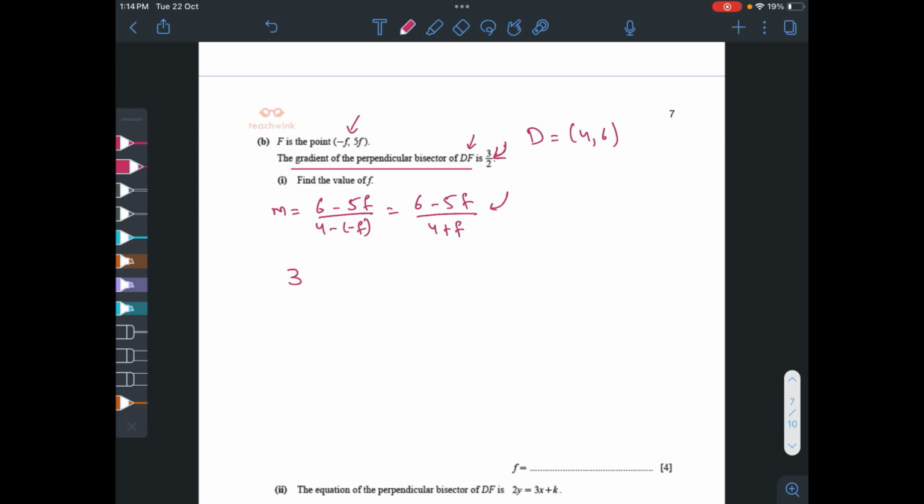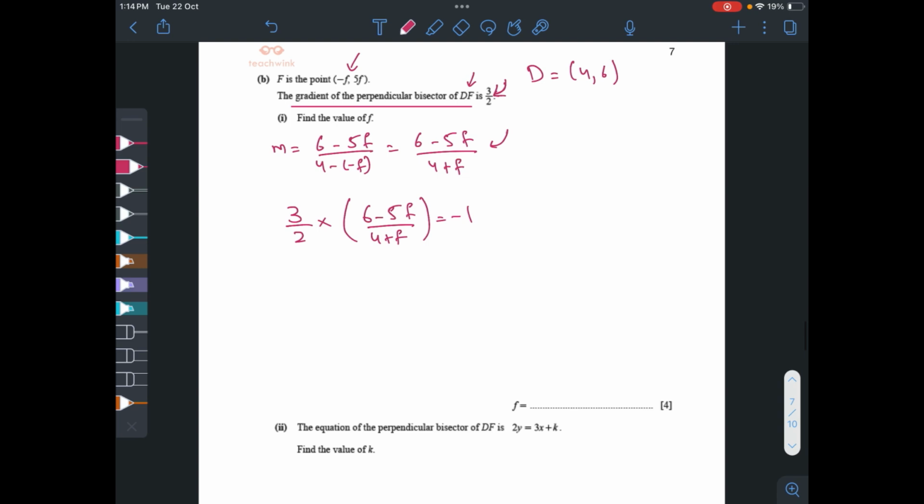So if I multiply 3 over 2 by 6 minus 5F over 4 plus F, I'm supposed to get negative 1. Let's do it. 3 times 6 minus 5F gives me 18 minus 15F over 2 times 4 plus F gives me 8 plus 2F equals negative 1.